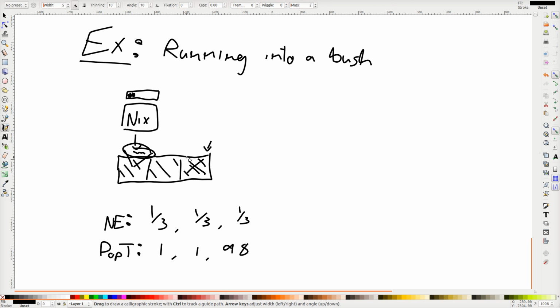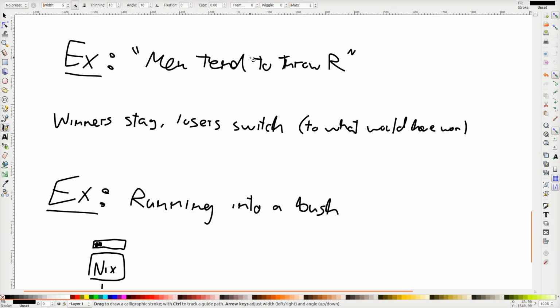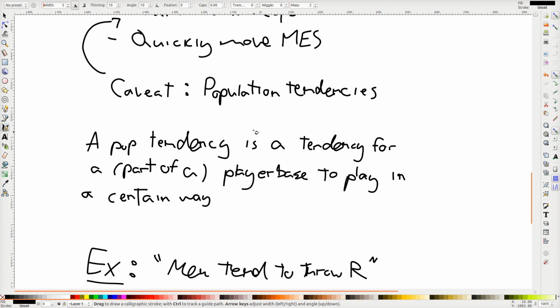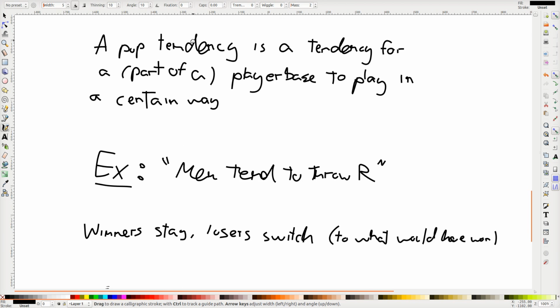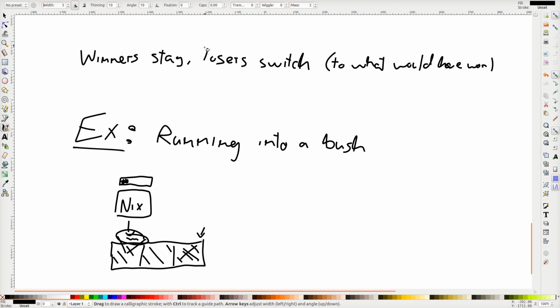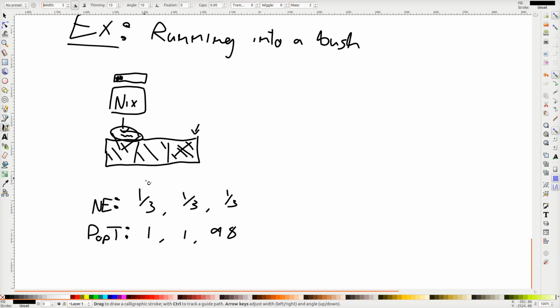So my advice, going back to this: start with an equilibrium strategy and then quickly move to the maximum exploitative strategy. The equilibrium strategy, when you're shooting into a bush, similarly, is 1/3, 1/3, 1/3.